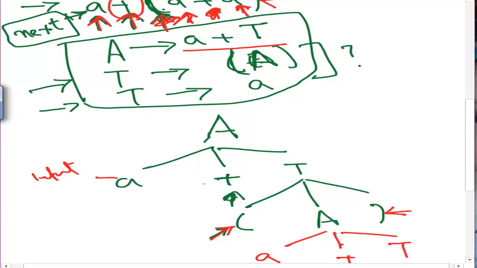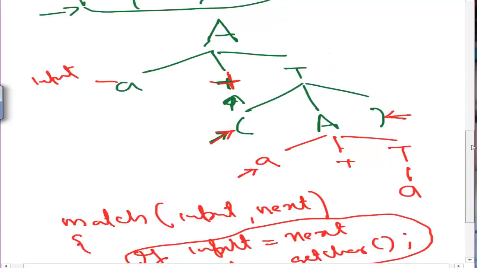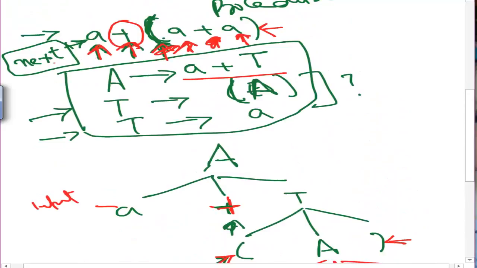In this case I'm only incrementing my read pointer, this look ahead next pointer. Now this thing will be done in another procedure which tries to build this parse tree.